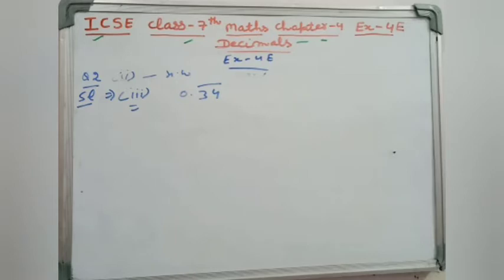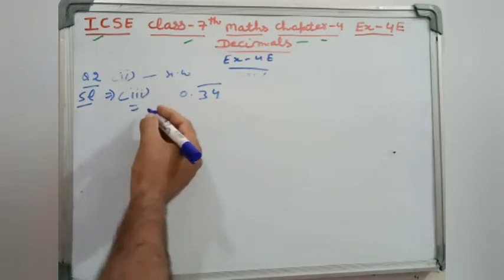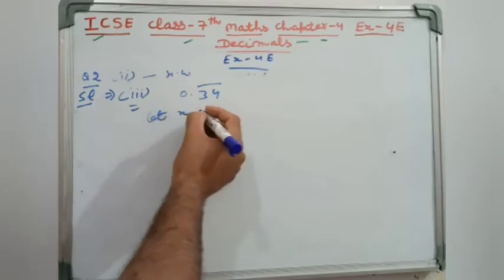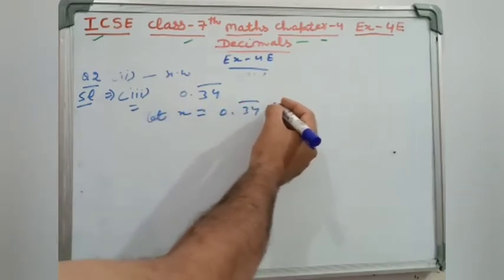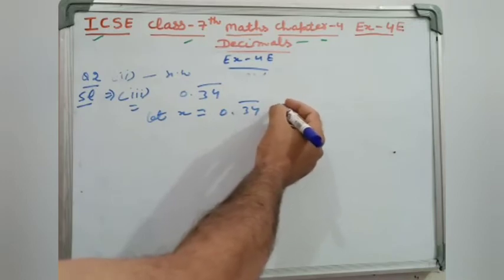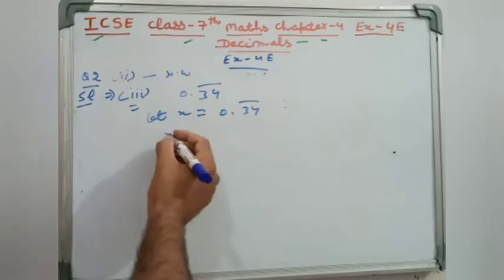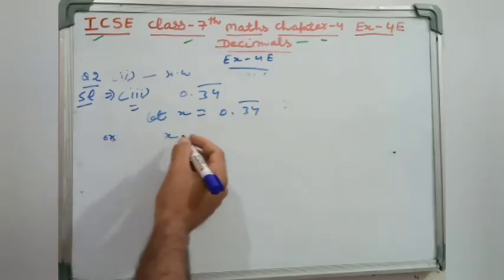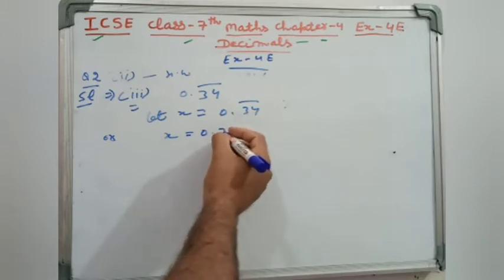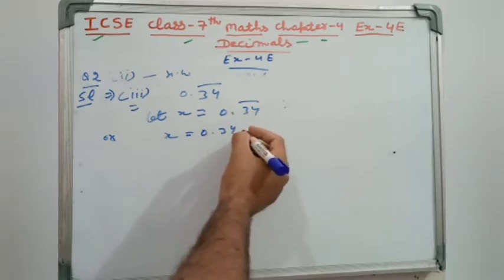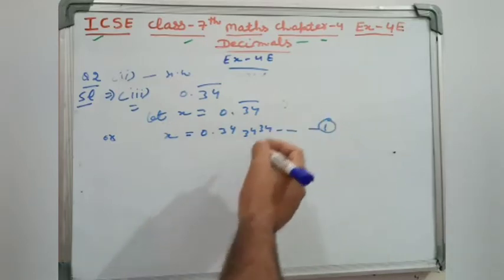Convert 0.34 bar to a vulgar fraction. Just like we have done in the first part, let x equal 0.34 repeating, then we can write x equal to 0.343434 and so on.